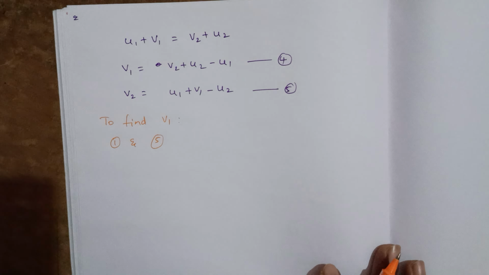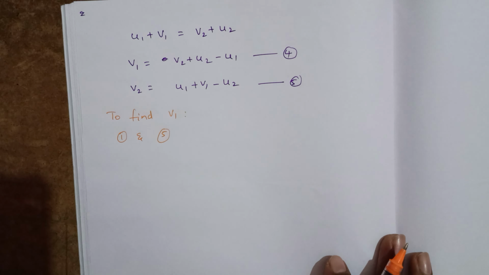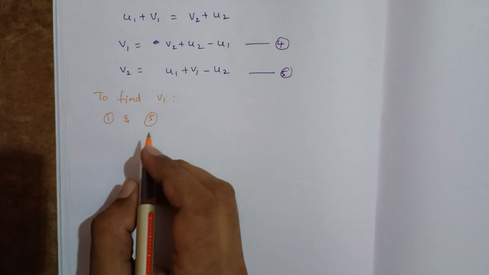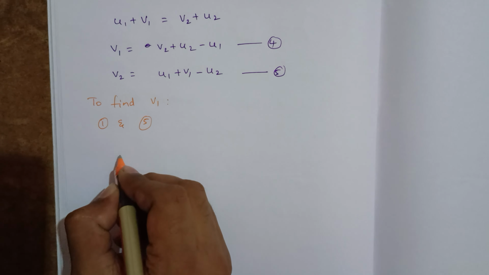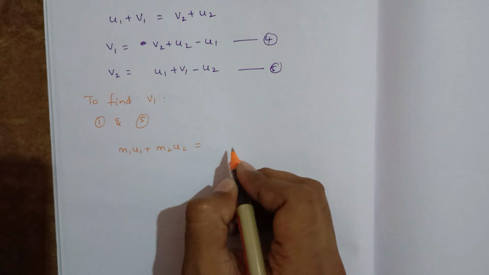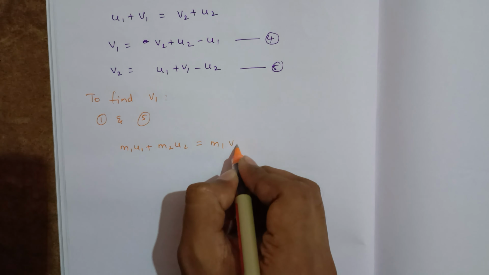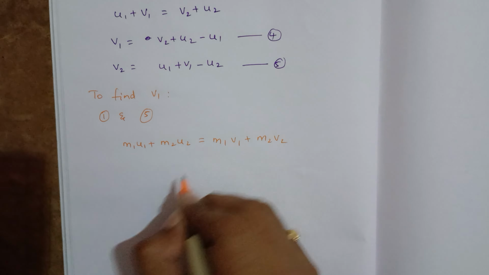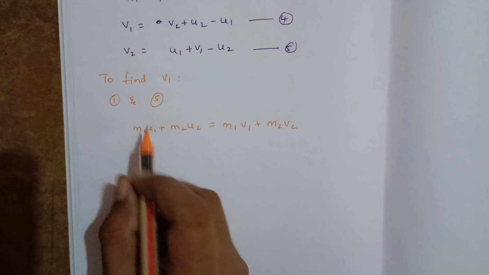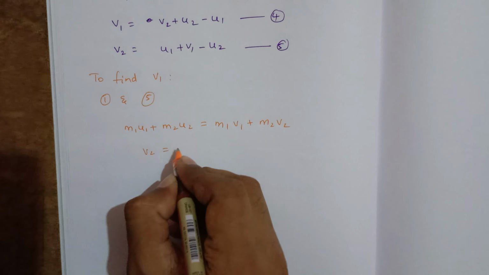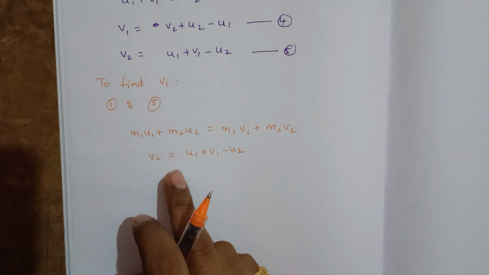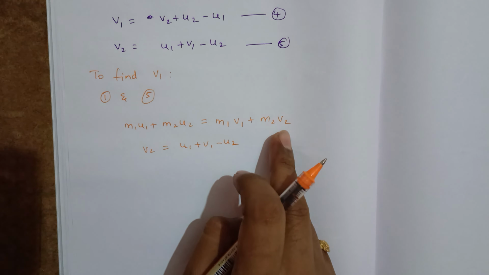I'll write here what equation 1 is: m1 u1 plus m2 u2 equals m1 v1 plus m2 v2. Total momentum before collision equals total momentum after collision. This is equation 1. Now what is the fifth equation? Here we have v2 equals u1 plus v1 minus u2. So this one we will substitute in place of v2.